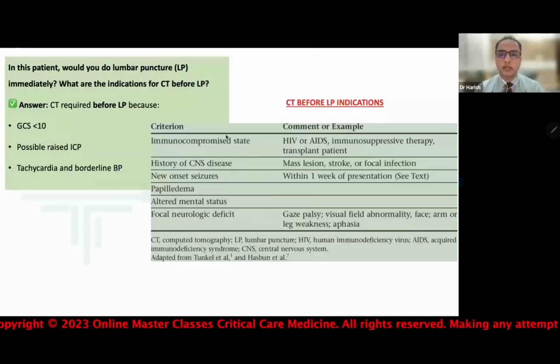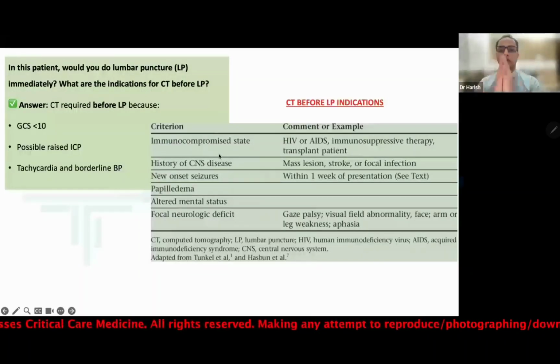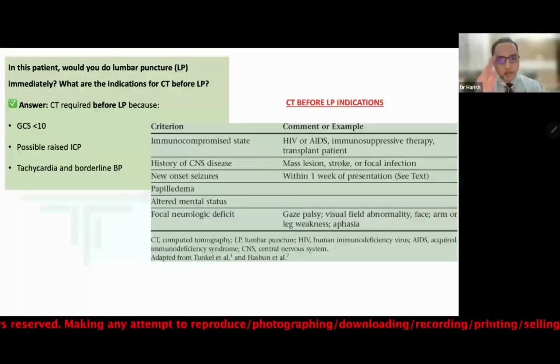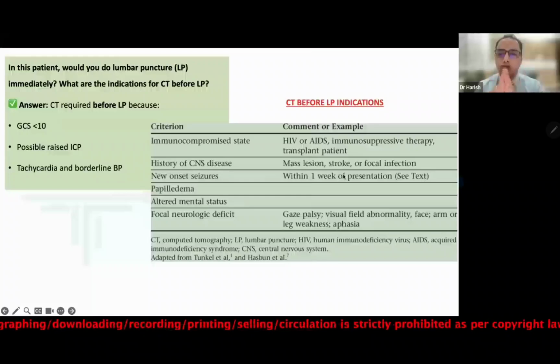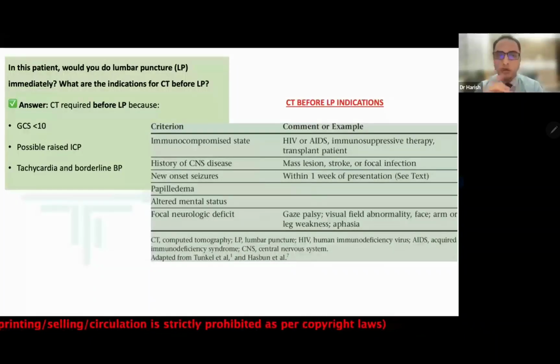Otherwise, indications for CT or imaging before LP include immunocompromised state: HIV, AIDS, immunosuppressive therapy, or transplant patient. If they have a CNS disease history like a space occupying lesion, previous stroke, or any documented focal infection, then do imaging.